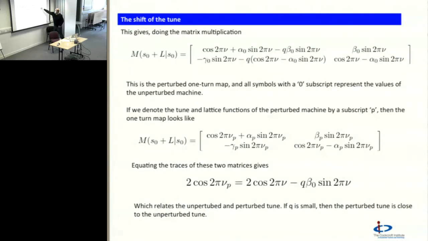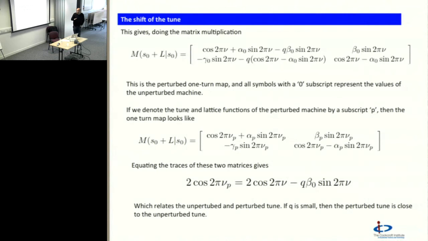So 0 will always represent the unperturbed machine quantities, beta, phase advance, that kind of thing. And the subscript P will be the perturbed machine with the extra quadrupole field. This new perturbed machine has its own one-turn map, given by that, where that's a new tune, that's a new beta, that's a new gamma, and so on and so forth.